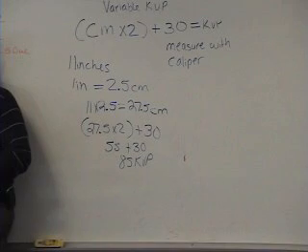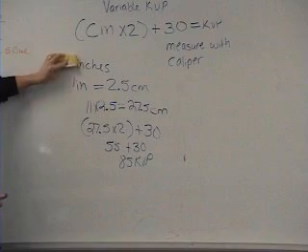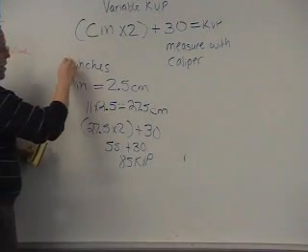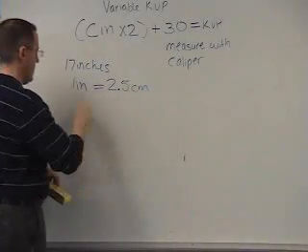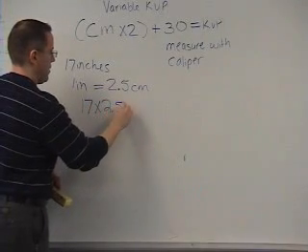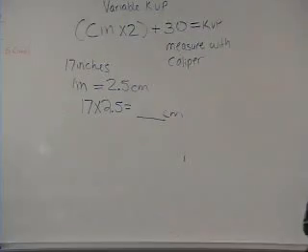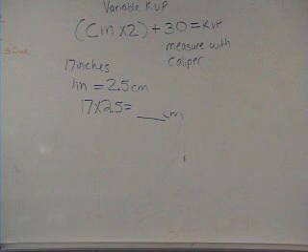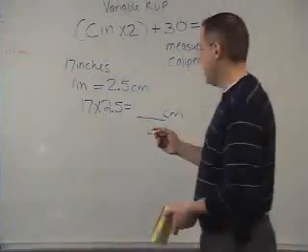Pretty easy. All right, let's do one more. Let's say that it's 17 inches. So 17 inches times 2.5 is how many centimeters? 42.5.